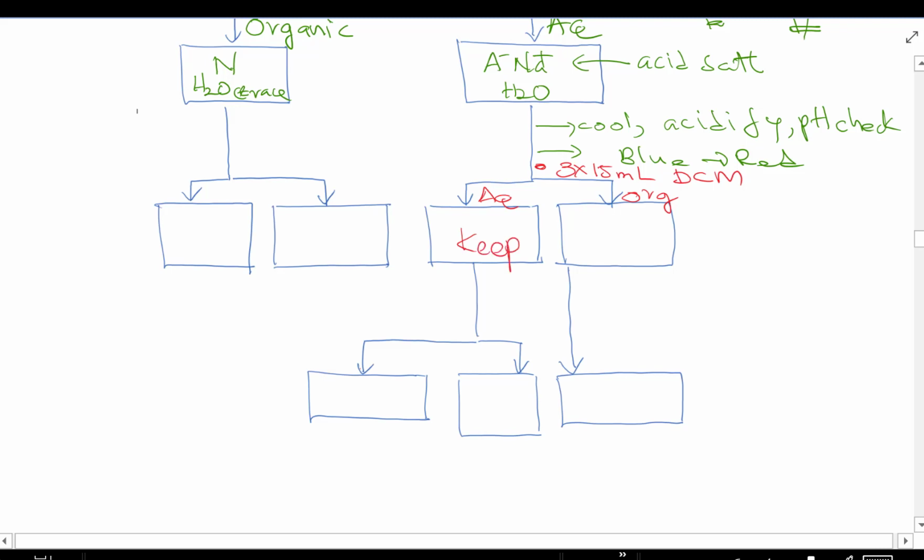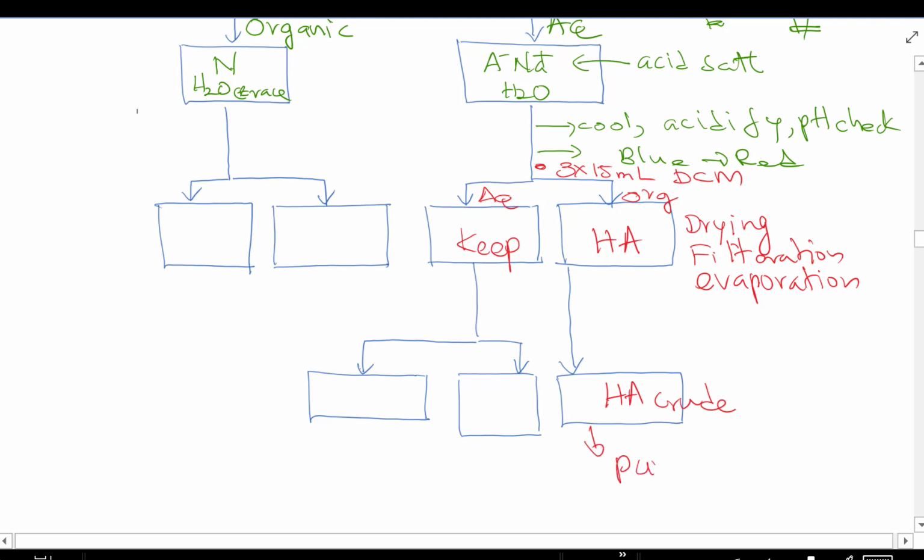You separate again with the sep funnel, organic and aqueous. Keep the aqueous, don't throw it. And the organic layer, you can dry with sodium sulfate, do gravity filtration, and then evaporation at the rotovap. Now you have the acid crude, HA crude.